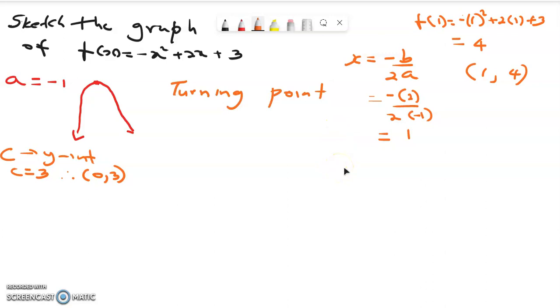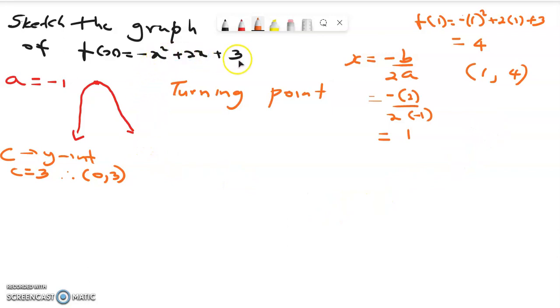Then to find the y value of the turning point, we look for f at 1. So f at 1 is equals to negative 1 squared plus 2 times 1 plus 3, and the answer is equals to 4. So therefore our turning point is located at 1 and 4.